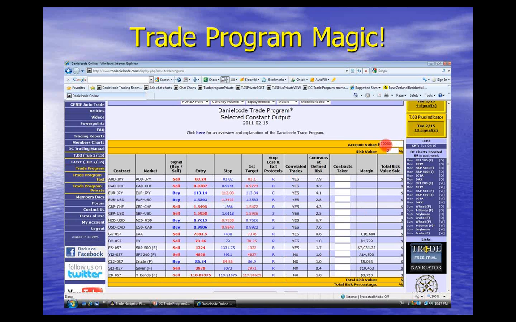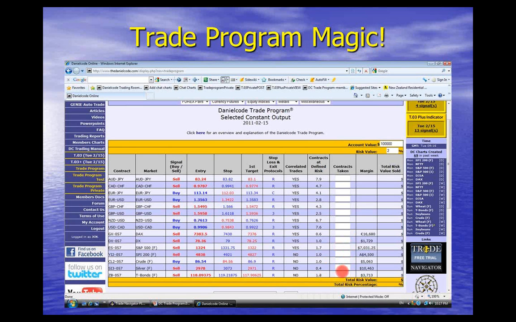Once you enter the amount of your account and the risk you want to take, it will give you a recommendation of how many contracts you can take in each of those markets to stay within that risk parameter. If you're only trading Forex, you'll just take the Forex signals. If you're only trading futures, you'll just take the futures signals.